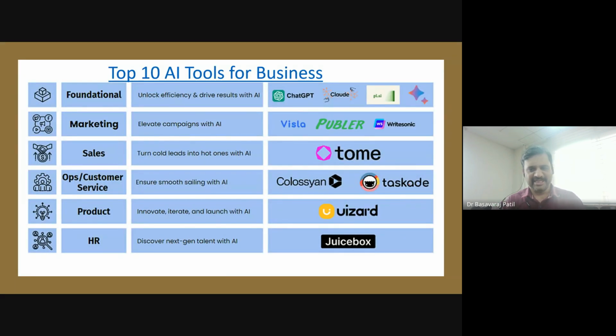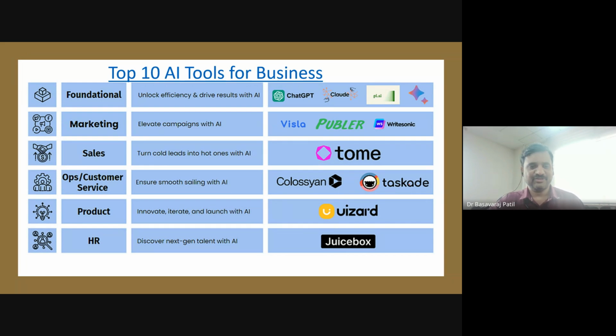And for the general scenario, which tools are required? ChatGPT, Wilsa, Tommy, Colsin, Cascade, User, Juicebox. Based on different sectors like foundational, marketing, sales, customer service, product, and HR, these are the applications, the real-time cases. A few of them are paid, a few with trial versions, and some highly paid.